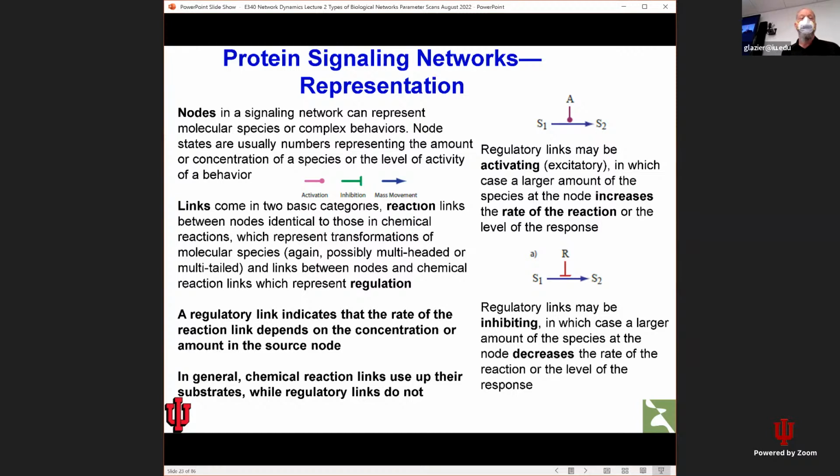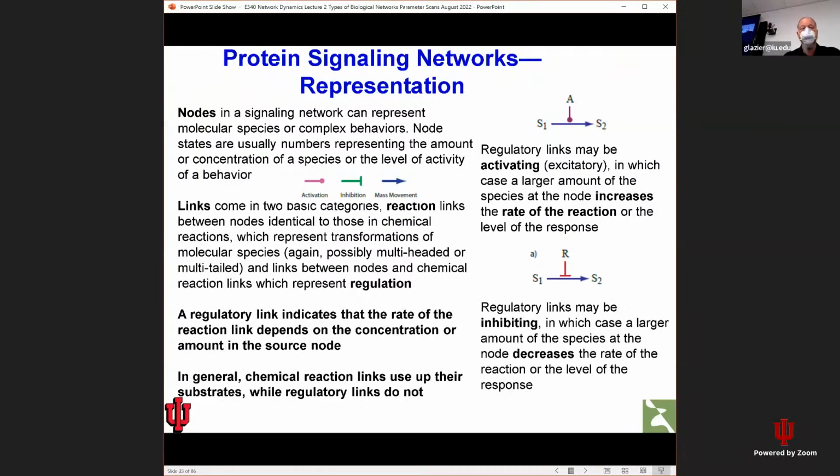Notationally, we still have the idea of a chemical reaction. Here S1 goes to S2. In this case, A stands for an activator. That could be a signaling molecule. We have an idea of an inhibitor. And so what does the first diagram mean? S1 goes to S2 with A. The lollipop means that the more A we have, the more S2 we get per unit of S1, or the faster the reaction.